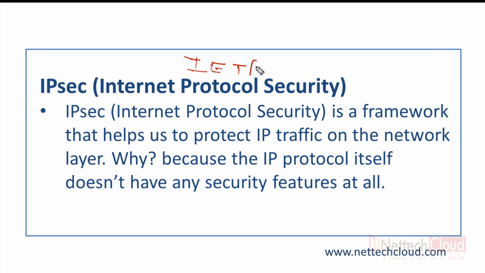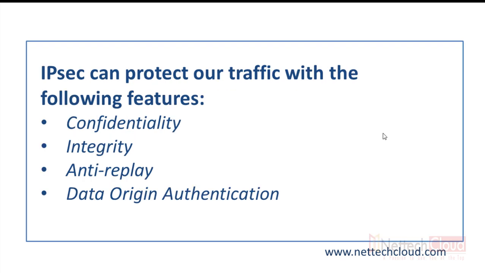IPSec, as I mentioned before, is an IETF standard framework, Internet Engineering Task Force, that helps us protect IP traffic at the network layer. And why? Because the IP protocol itself doesn't have any security features. For that, IPSec is used.